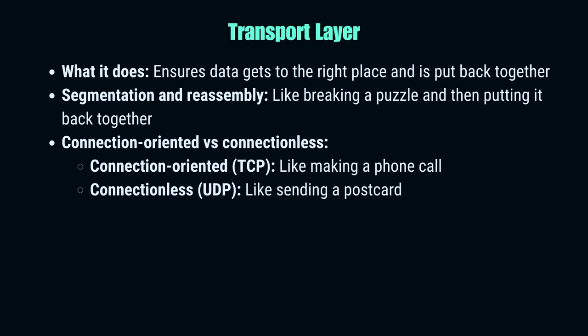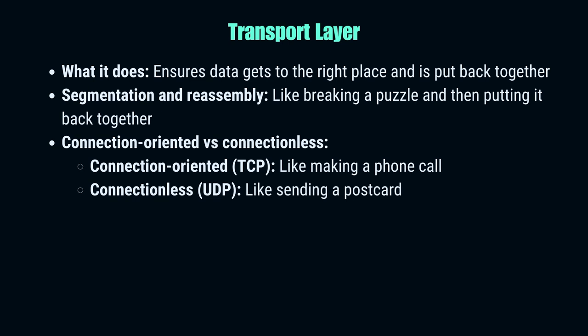TCP provides features like error checking, acknowledgement of received data, and retransmission of lost data. It's used for applications where accuracy is crucial, like web browsing or file transfers. UDP, on the other hand, is simpler and faster but less reliable. It's used for applications where speed is more important than perfect accuracy, like online gaming or streaming video.